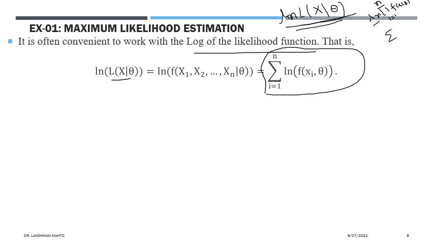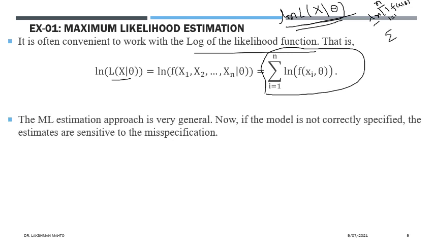Applying log over a function is not going to change the optimal value. So if you find the optimal value of the log likelihood function, that would also be the optimum value of the likelihood function.